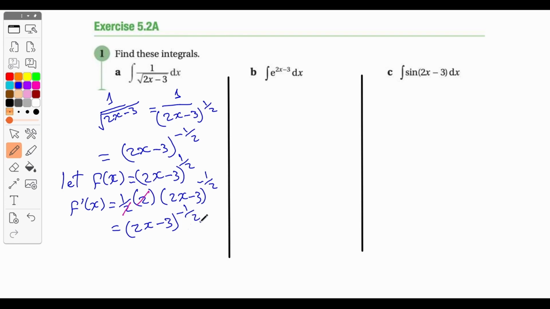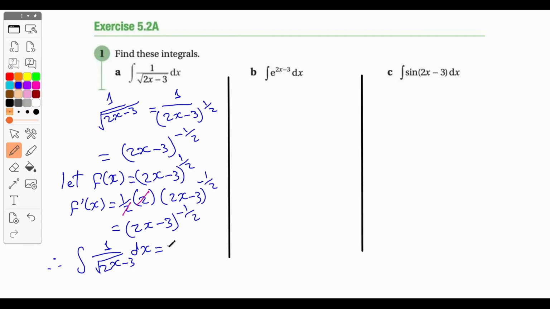That means if I integrate this one, therefore, the integral of 1 over the square root of 2x minus 3 dx is equal to what? Again, this quantity is equal to this, exactly. So if I integrate this, I will have this one again, using what? The integration is the inverse of differentiation.